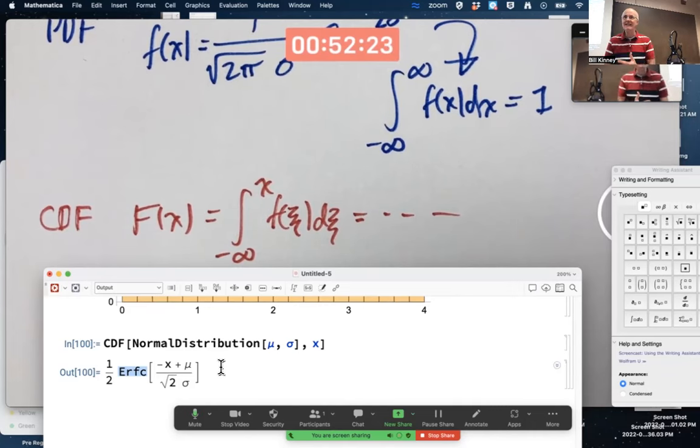The error function is defined as an integral. And it can be proved you cannot write it in terms of finite combinations of polynomials, rational functions, square roots, cube roots, trig functions, logarithms, exponentials, everything you're used to from calculus. You can't write it in terms of finite combinations of those things.